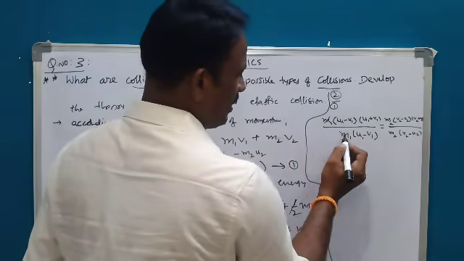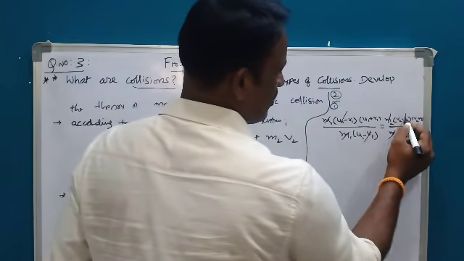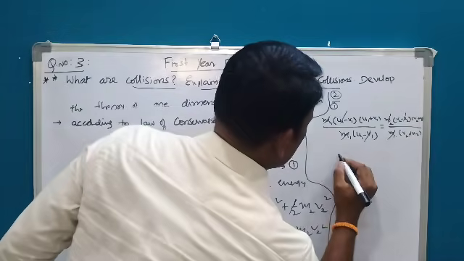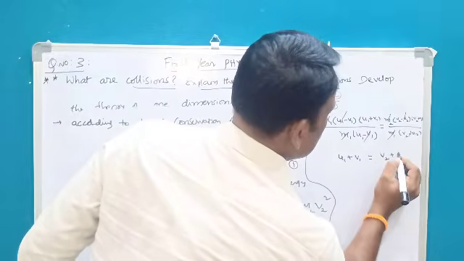Here m1 cancels, m2 cancels, and u1 minus v1 cancels. So the remaining term is u1 plus v1 is equal to v2 plus u2.